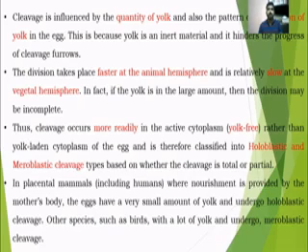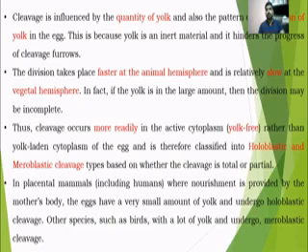Generally we observe cleavage faster at the animal hemisphere and relatively slower at the vegetal hemisphere. The vegetal hemisphere is where the yolk is present, that's why it is known as the vegetal hemisphere, and the animal hemisphere is where the nucleus is present.